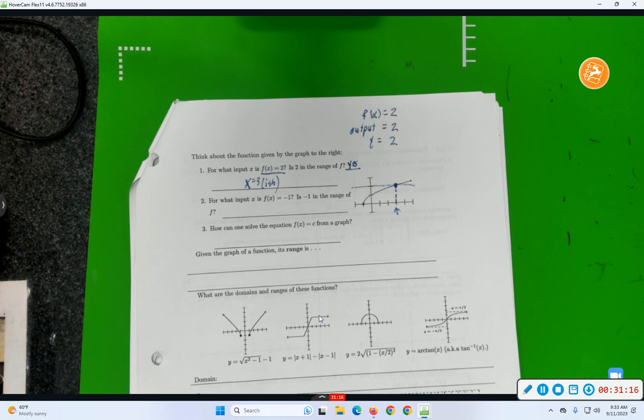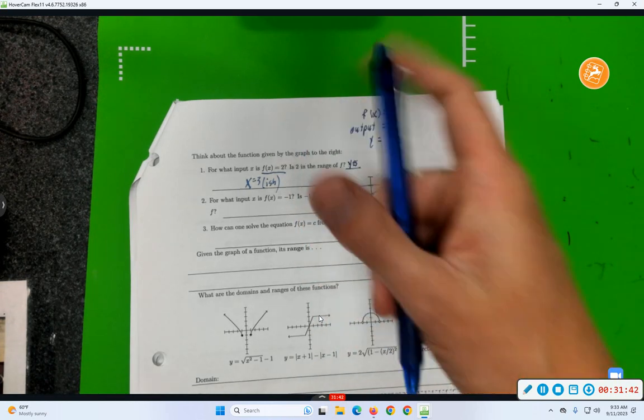Nice. What if I asked you to solve f of x equals -1? For what x values is f of x equals negative 1? Yeah. No, there are no x values with f of x equals negative 1. How'd you get that?